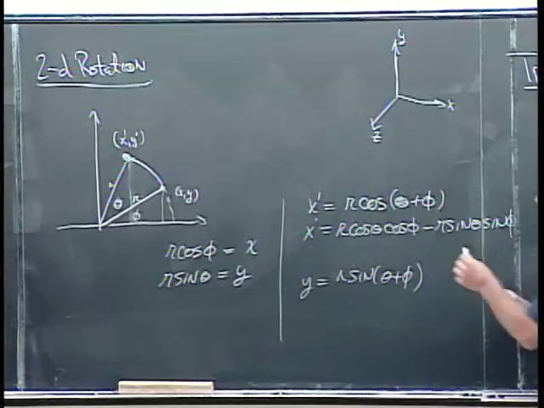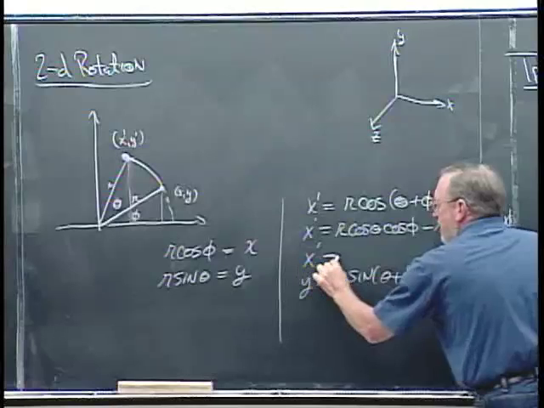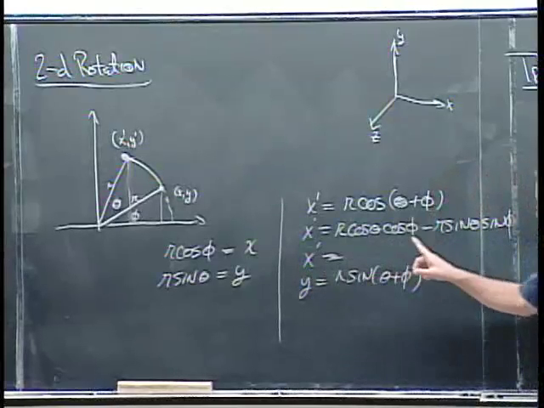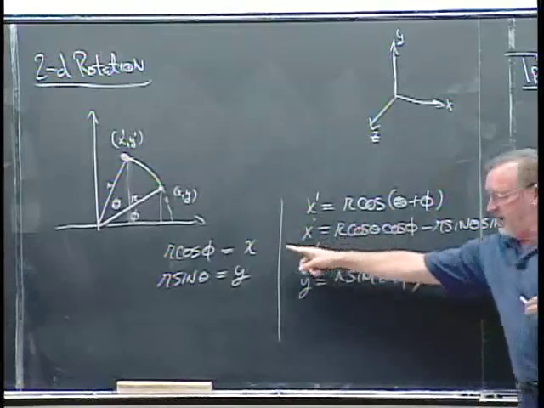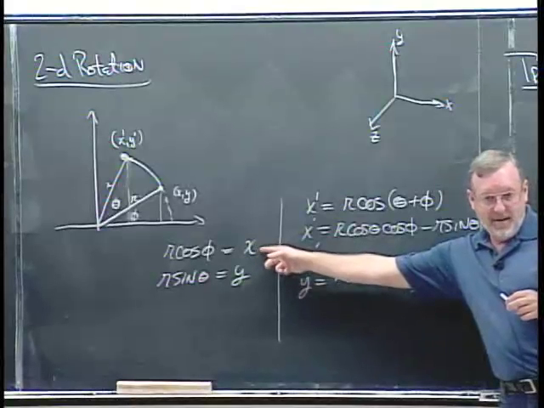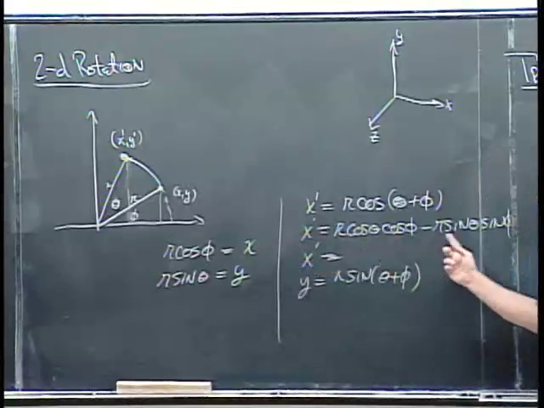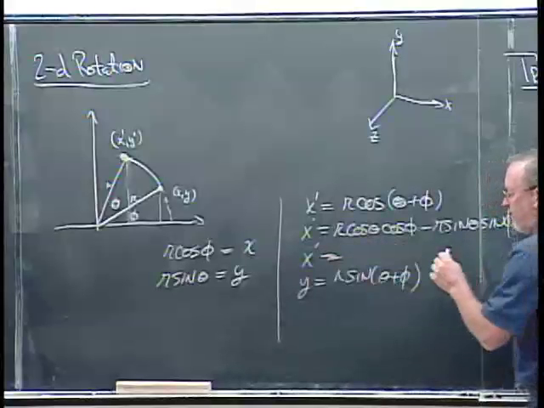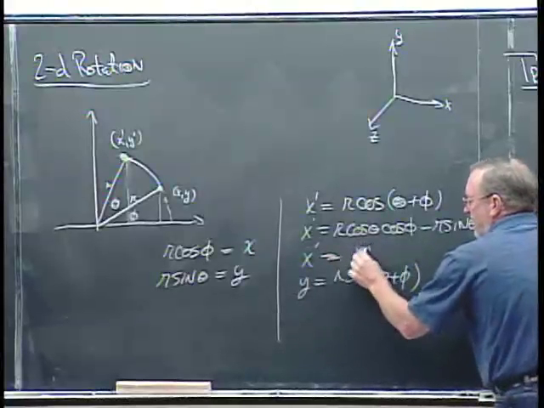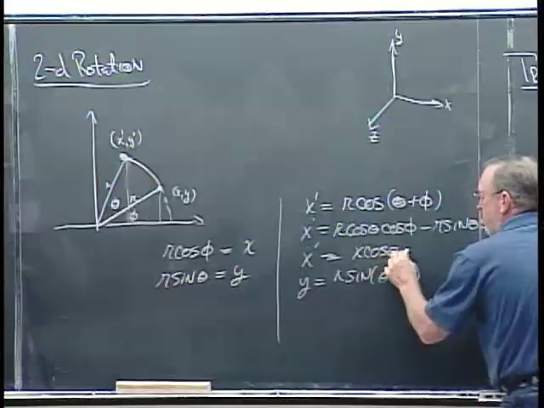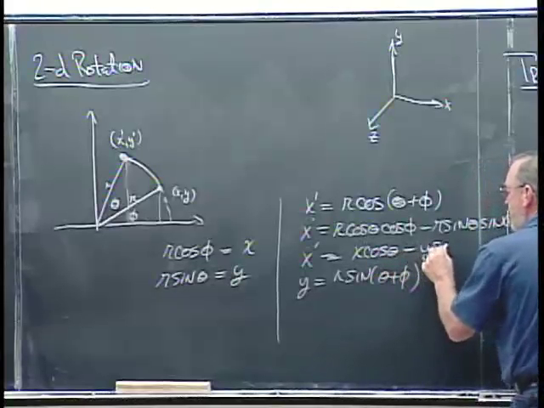And when you look at this, x prime is equal to, well, r cosine phi is x, and r sine phi is y, so this is x cosine theta minus y sine theta.